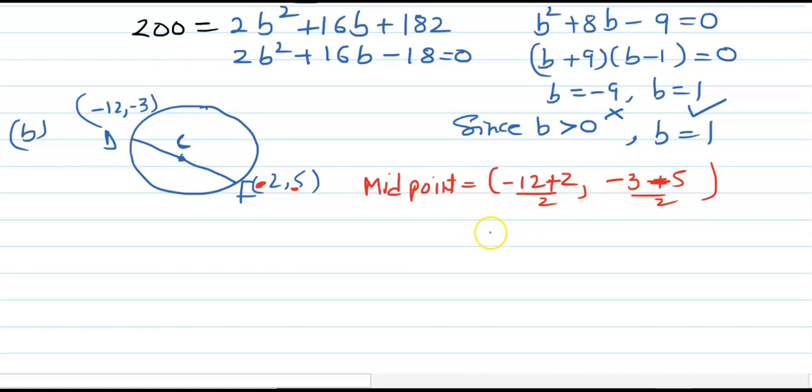Once we solve it, minus 10 over 2 is minus 5, and minus 8 over 2 is minus 4. This is the midpoint.